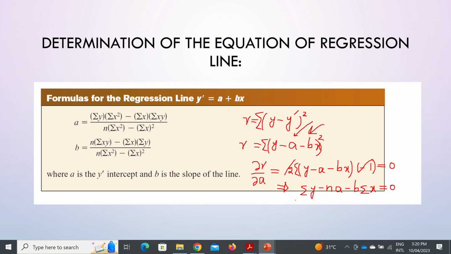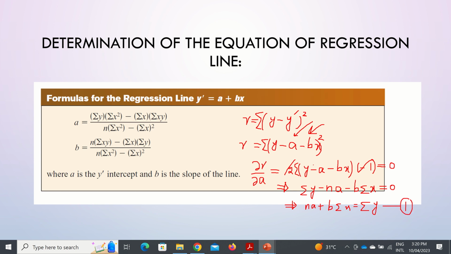This gives a linear equation in a and b: n times a plus b times summation x is equal to summation y. That will be our first equation, let's call it equation number 1.